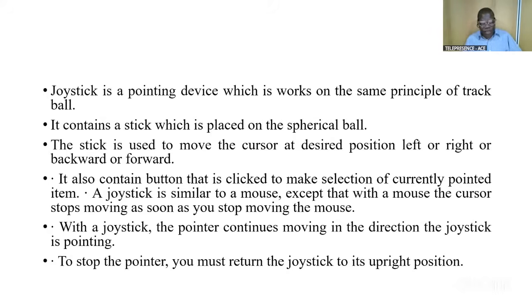A joystick is similar to a mouse, except that with a mouse, the cursor stops moving as soon as you stop moving the mouse. With a joystick, the pointer continues moving in the direction the joystick is pointing. To stop the pointer, we must return the joystick to its upright position.